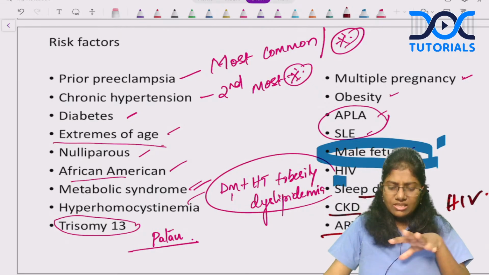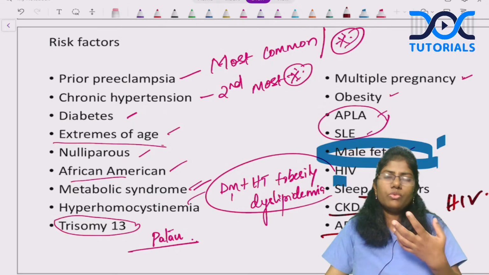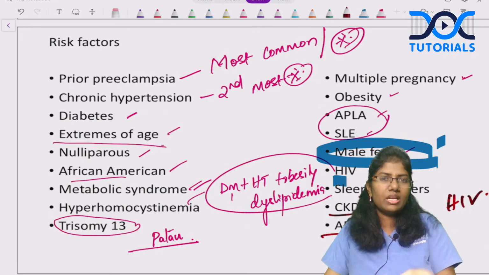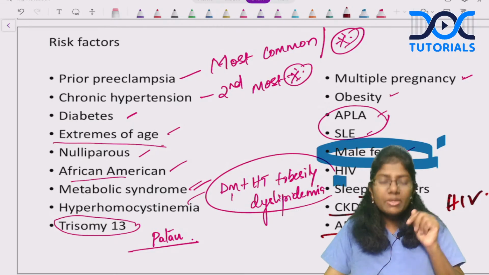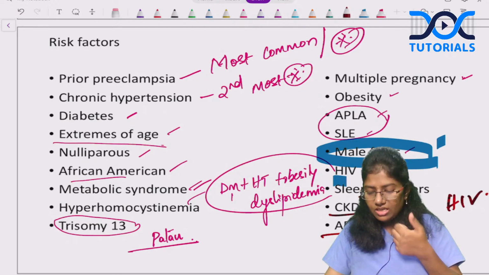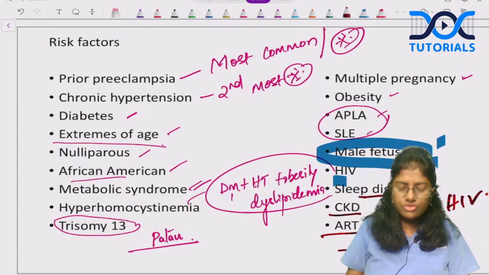Some factors you can easily guess, like past history of preeclampsia, but there are things you can't guess, like Patau, HIV, male fetus, chronic kidney disease, ART and sleep disorders. So you should know these.